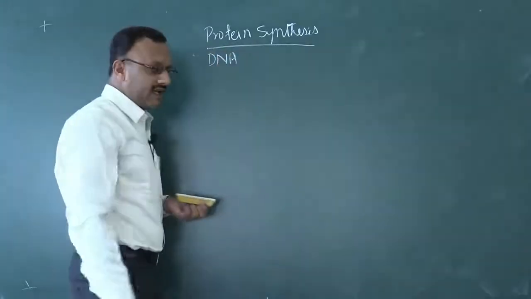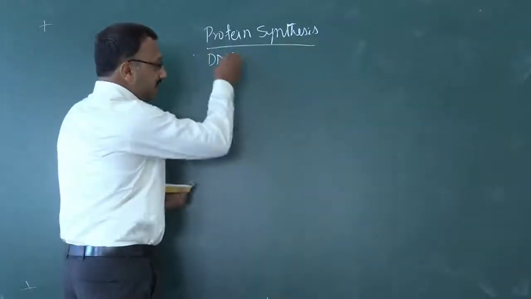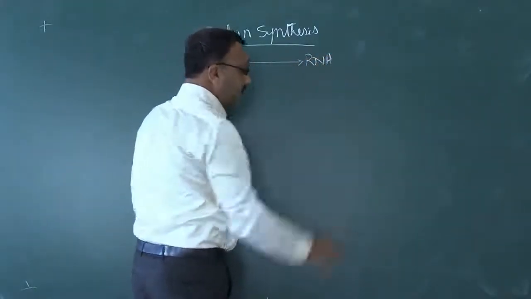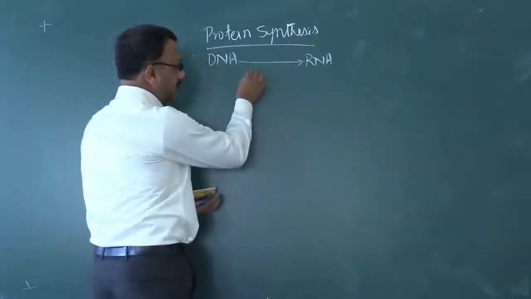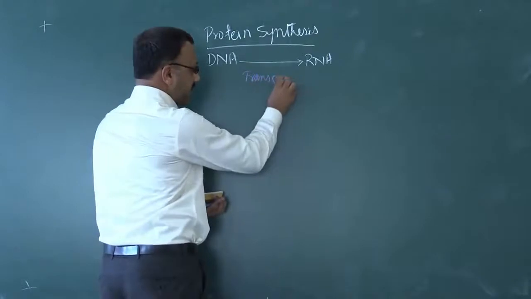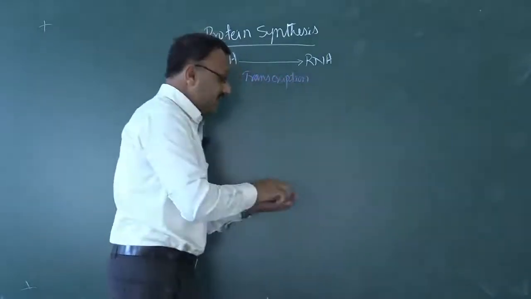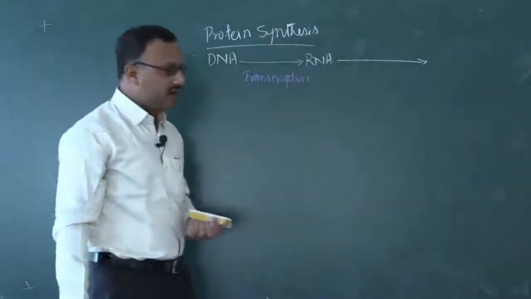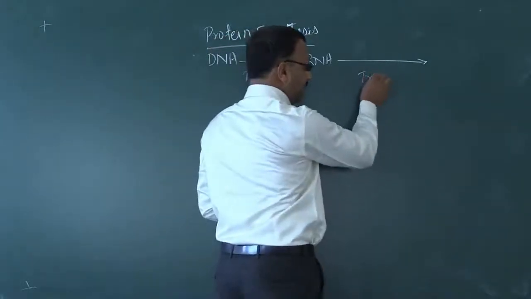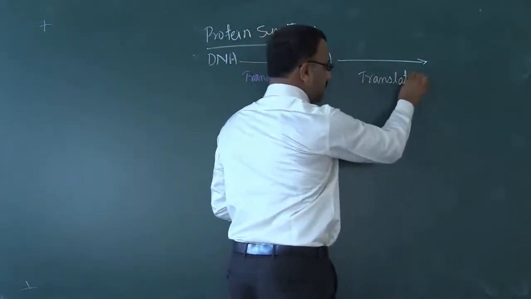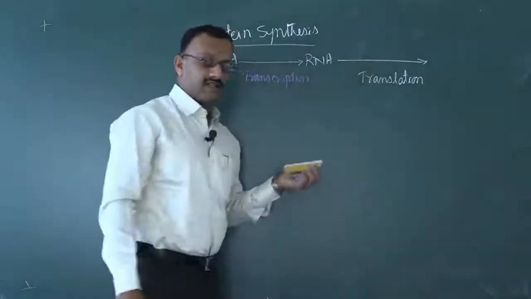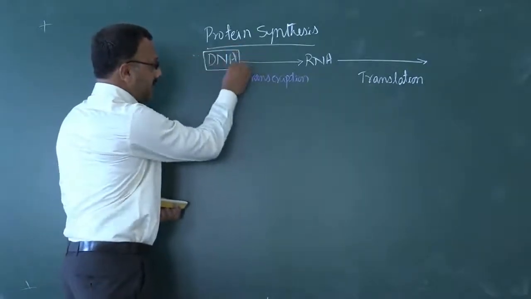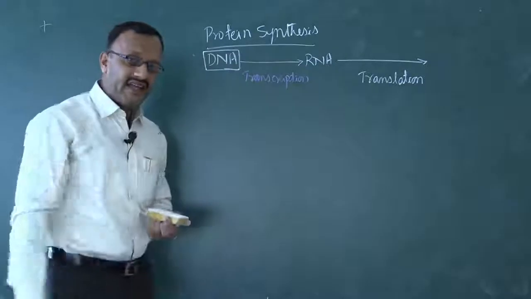As we already discussed in the previous classes, DNA is involved in the synthesis of RNA. That event is called transcription. This RNA, which is of three different types, mRNA, tRNA and rRNA, is involved in a process called translation. It is the process of protein synthesis which is totally guided by DNA. It is called a DNA dependent event.